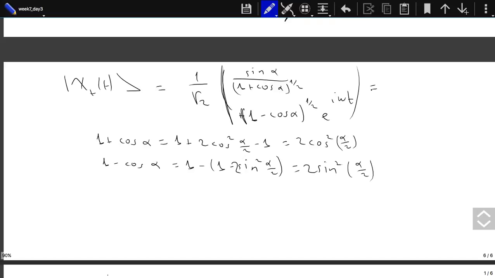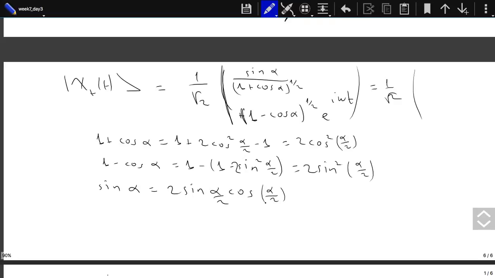So this is equal to, if I take 1 over the square root of 2, in the numerator I have sine alpha divided by the square root of 2 cosine alpha over 2, and sine alpha is equal to twice sine alpha over 2 cosine alpha over 2.